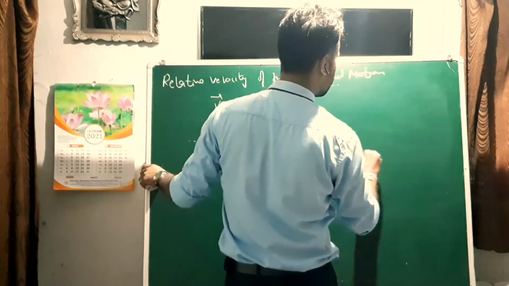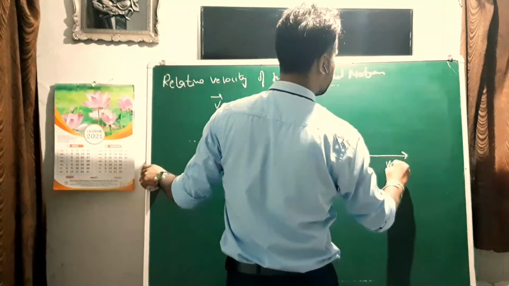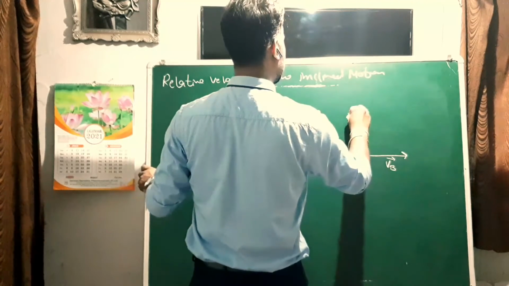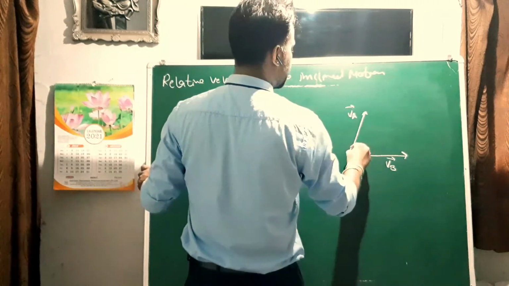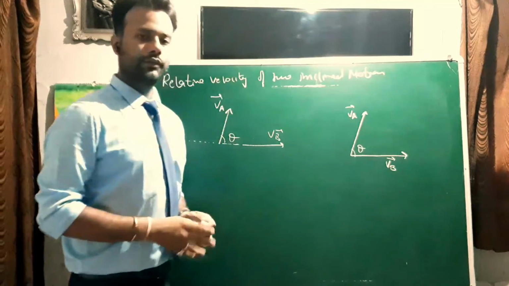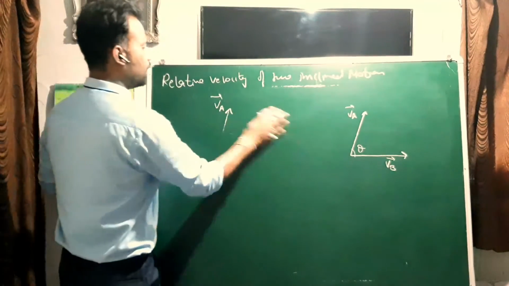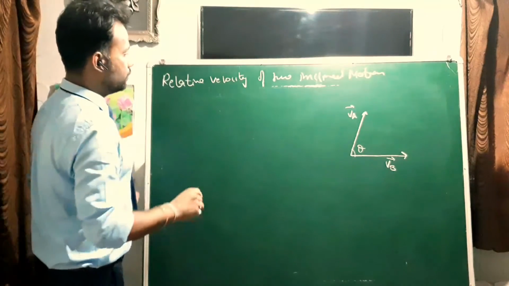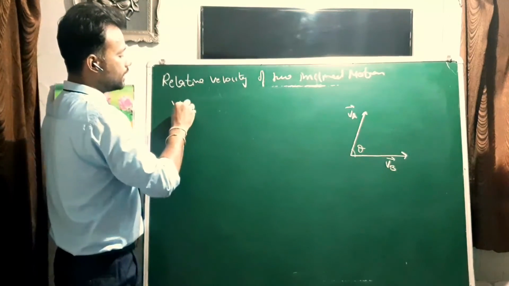This is VB and this is VA, and the angle is theta here, right? So we have to find the relative velocity of A with respect to B. We have to find VAB.